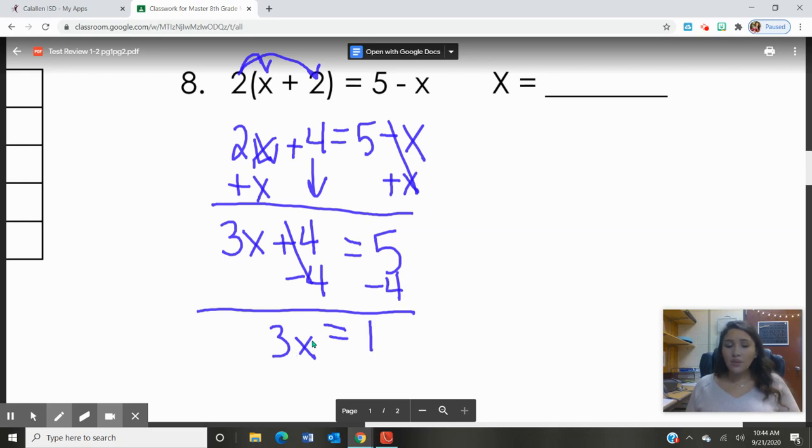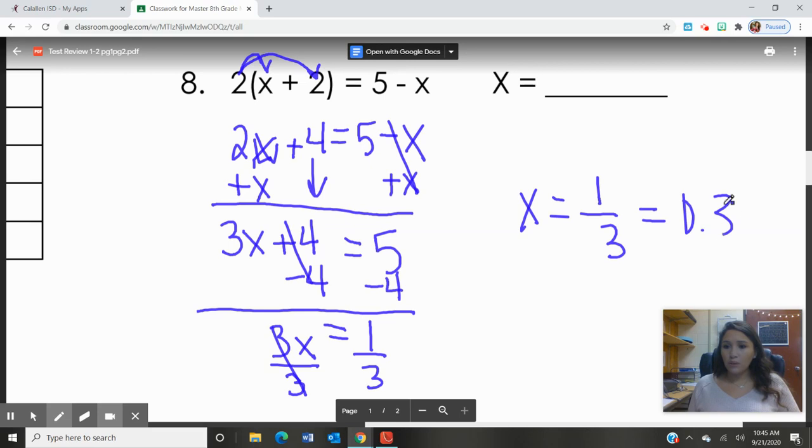Okay, my next step is to see what number is being multiplied or divided to my variable. And that number is 3, so I have to do the opposite because right now it's multiplying, and divide by 3. Right here, my 3's cancel out. I'm left with x equals 1 divided by 3. Whenever you convert this to a decimal, it becomes 0.33 with the repeating bar.